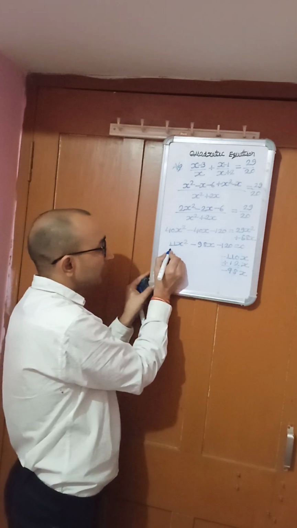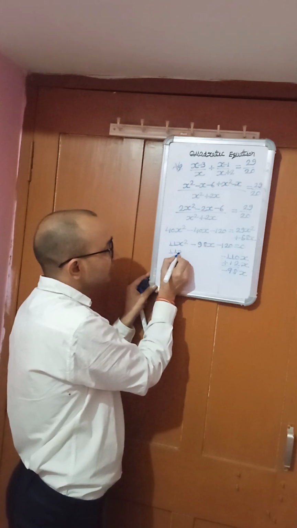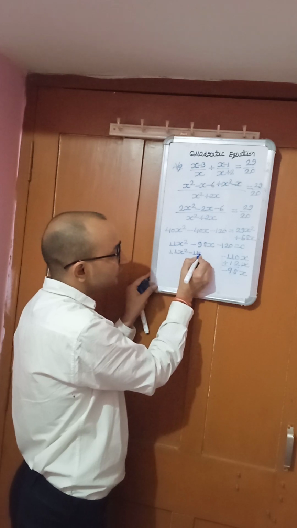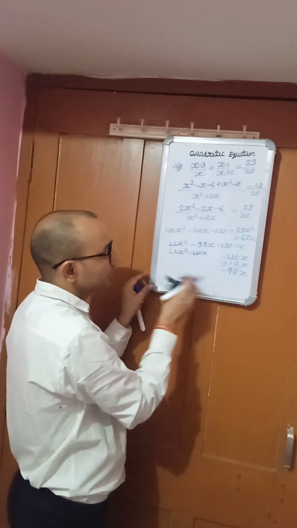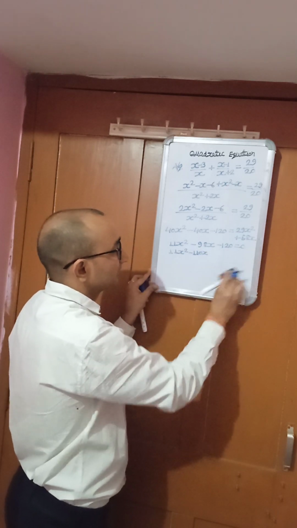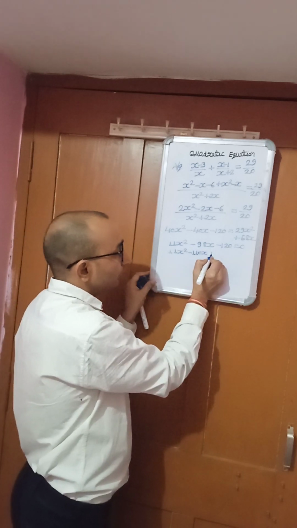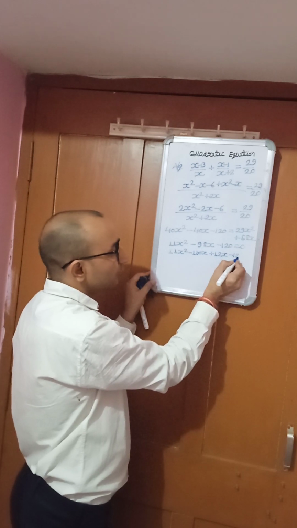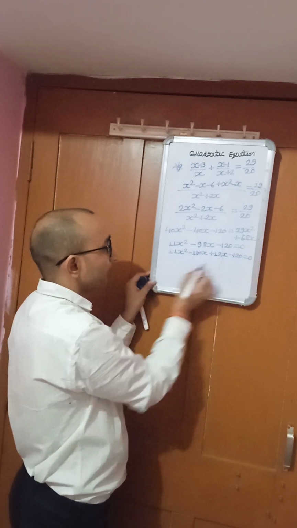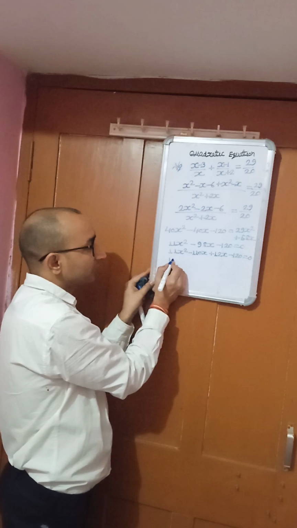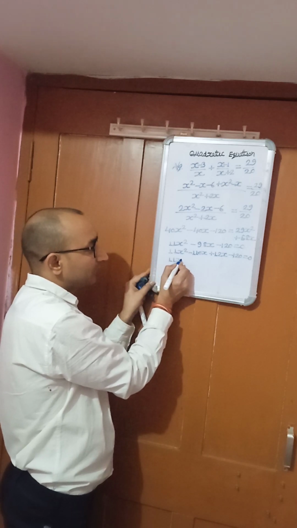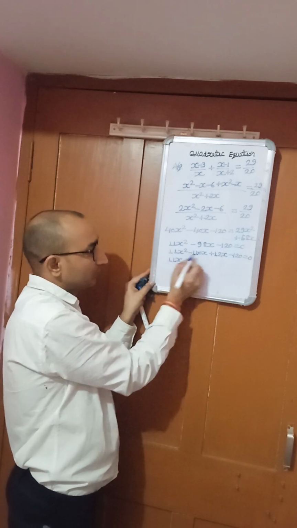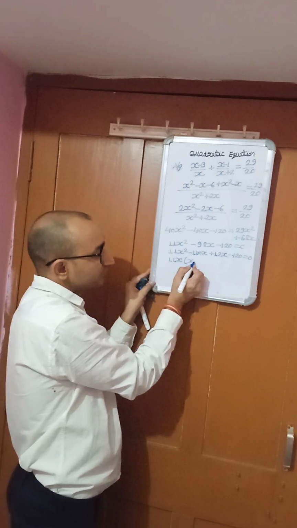So write 11x square minus 110x plus 12x minus 120 equals 0. From here 11x is common, and it becomes x minus 10.